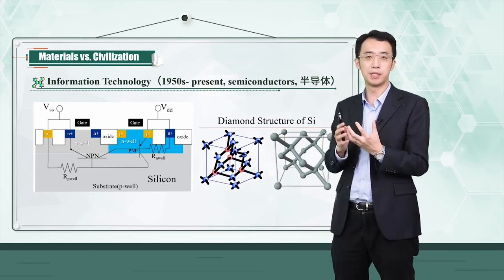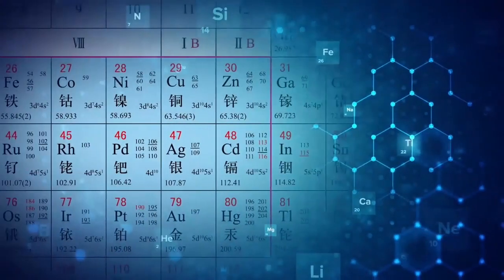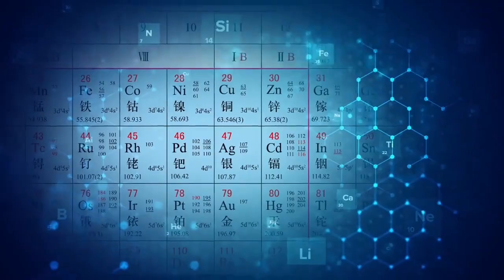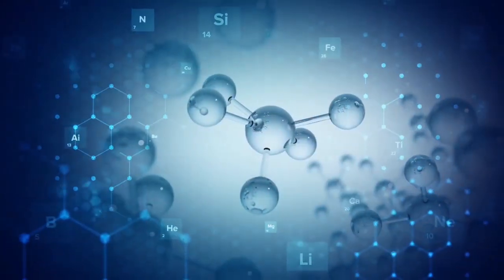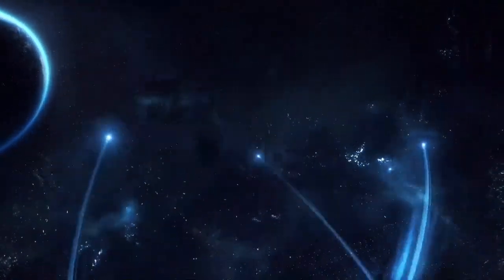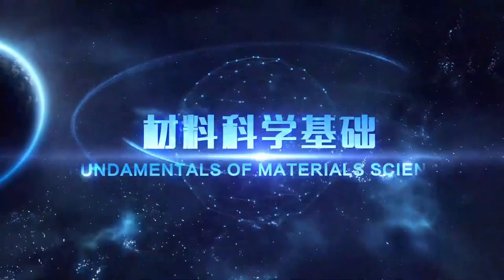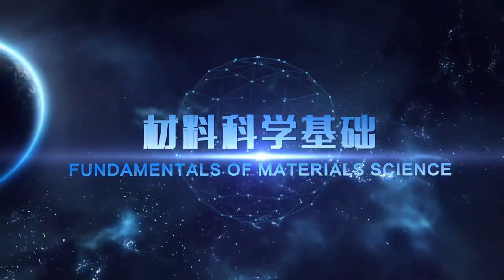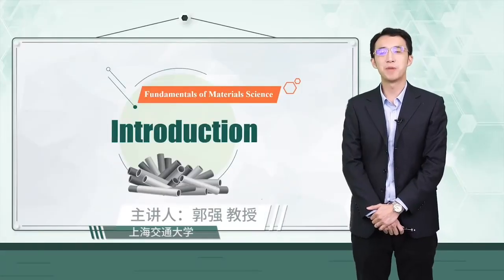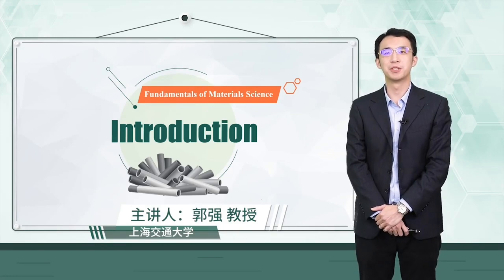Because it has a certain crystal structure and especially a certain electronic structure, it can have very controllable properties that are favorable for electronic applications. With modern production technology, you can fabricate very complex structures of transistors, and these transistors make up your chips.